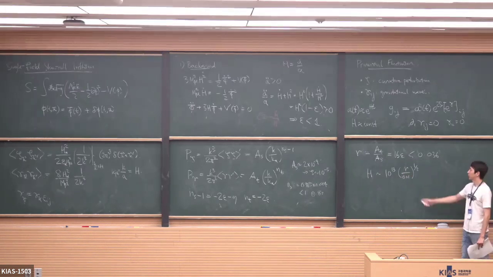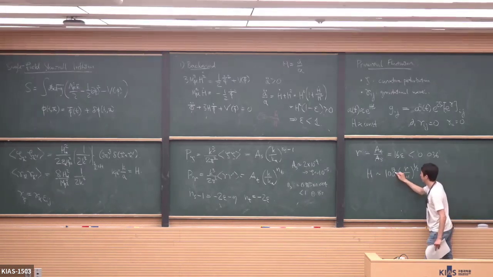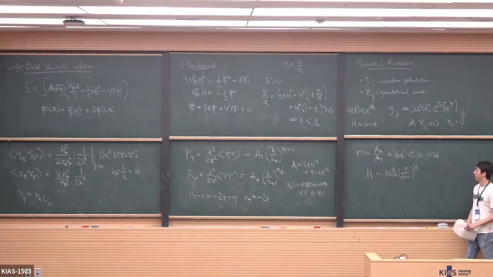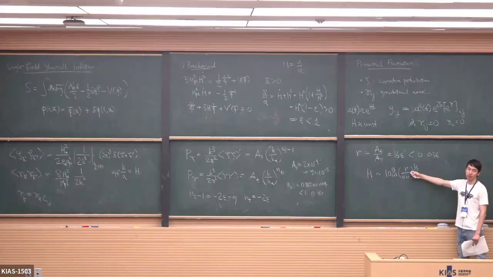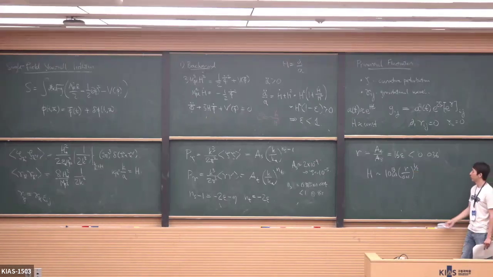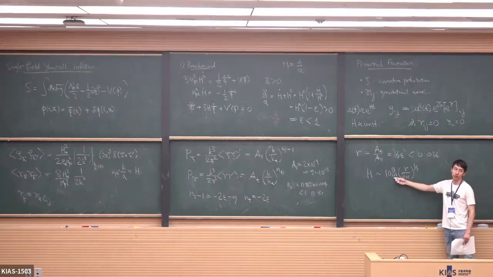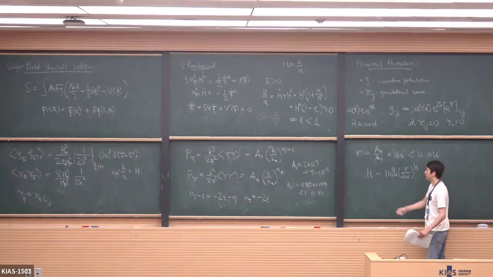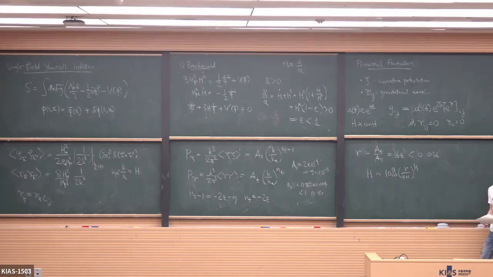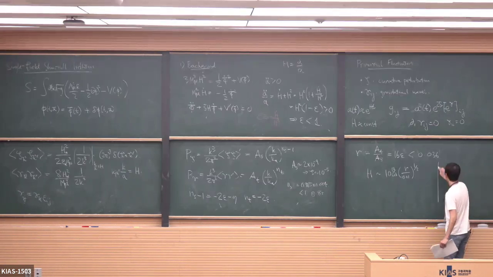So this is 10 to the 13 GeV. That implies that if we happen to measure r in the near future, then it would point towards a very high scale inflation, where the Hubble rate during inflation is of order 10 to the 13 GeV.